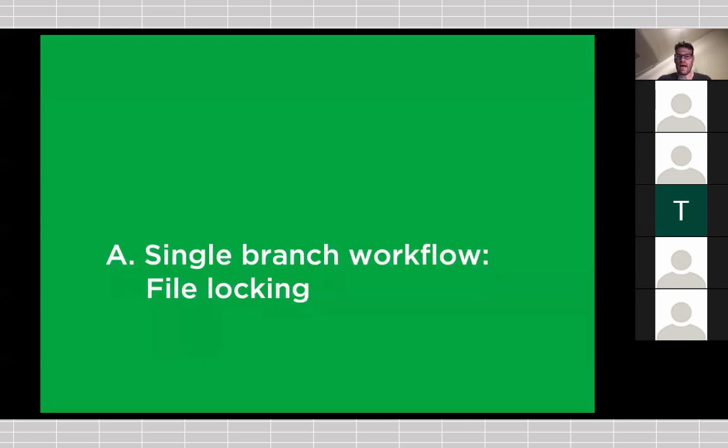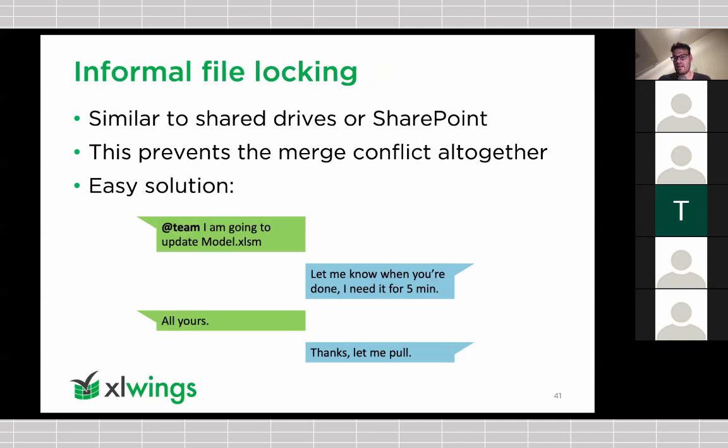So how can we deal with that situation? There's a couple of different strategies you can use. The first strategy is file locking, and the easiest way to go about that is doing an informal file locking. You may be used to file locking if you use SharePoint, for example, to work on your Excel workbooks.